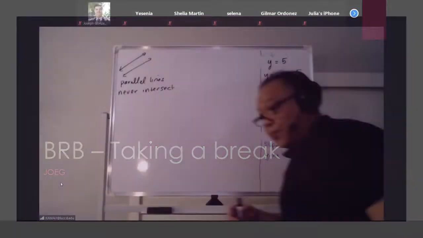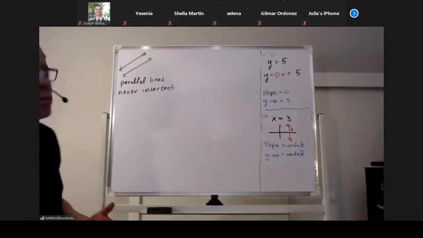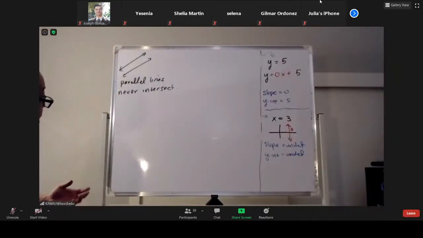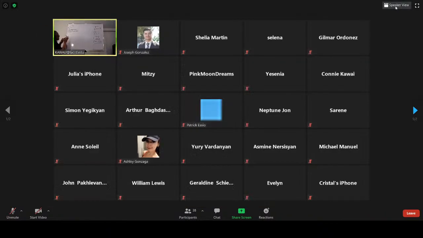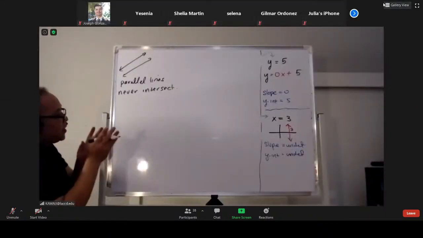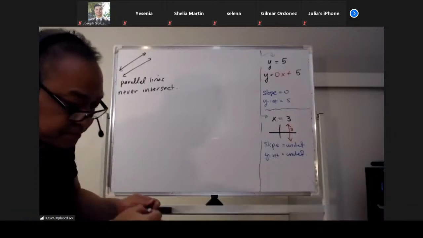Okay, thank you. All right, so parallel lines never intersect. Now, they're going the same direction. Since they're going the same direction, they should have the same slope.